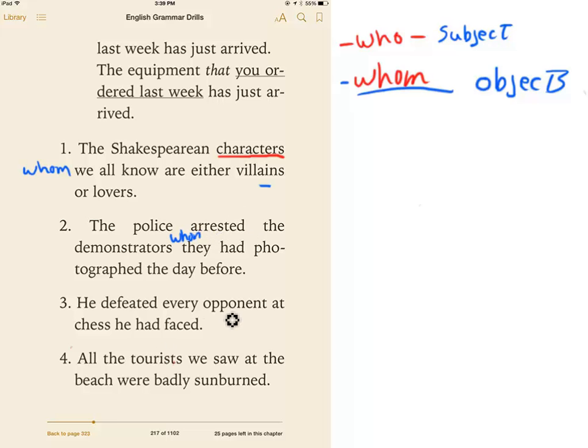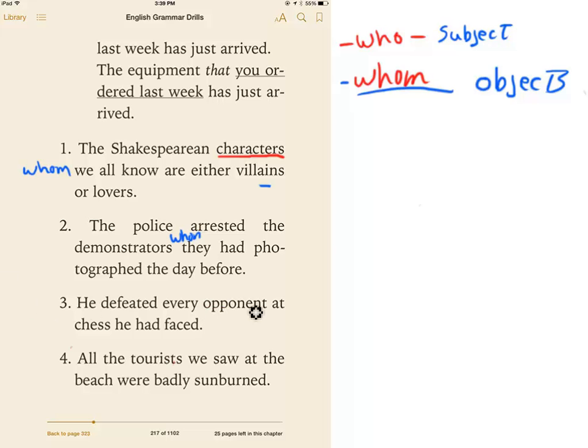He defeated every opponent at chess he had ever faced. He defeated every opponent. Well, opponents are people again, so I would use whom. Oh, I actually apologize, that's not correct.